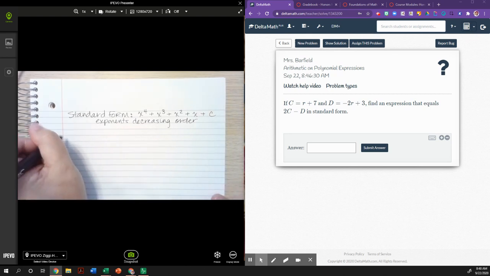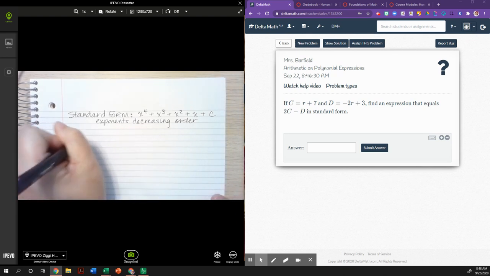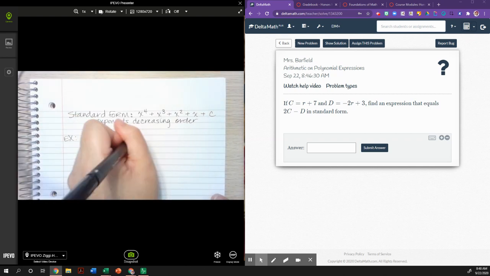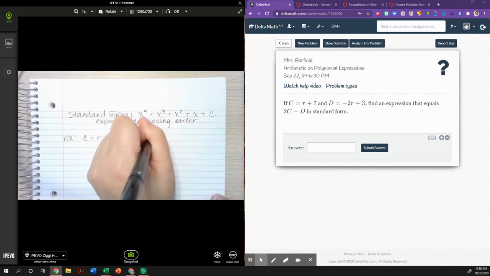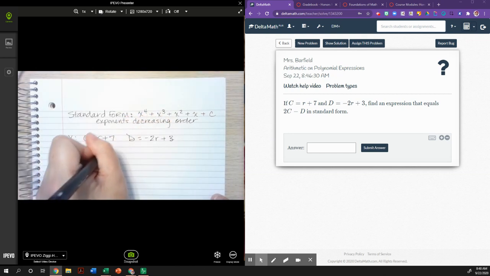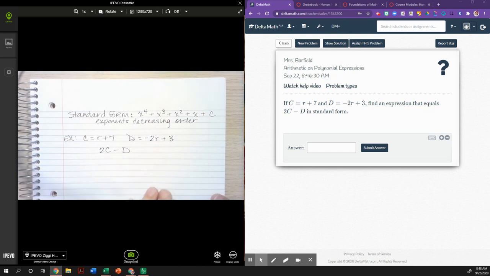All right, so they've told me that c equals r plus 7 and d equals negative 2r plus 3, and they want to know what 2c minus d is. Okay, they want me to plug in these polynomials. That's a little different. We actually haven't plugged in a polynomial.